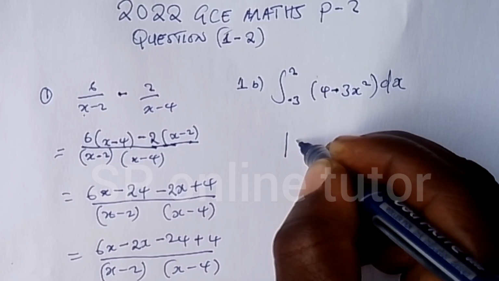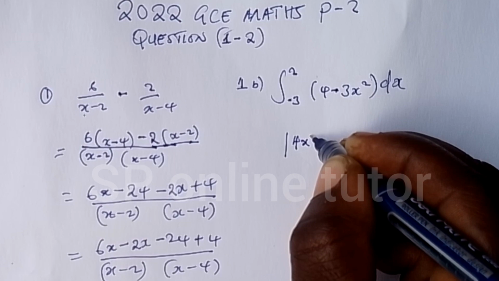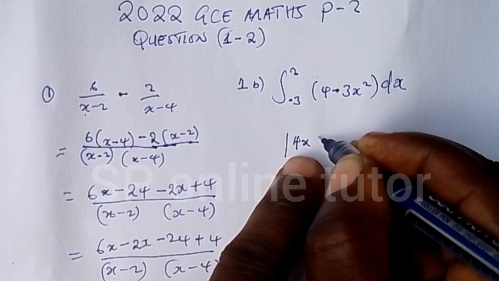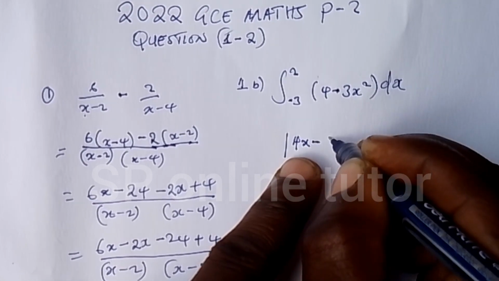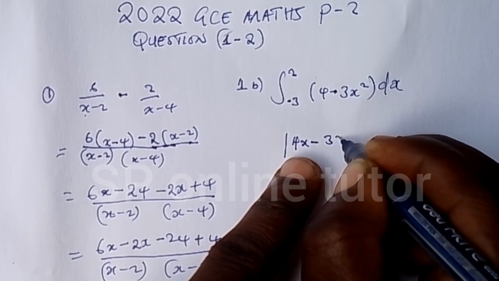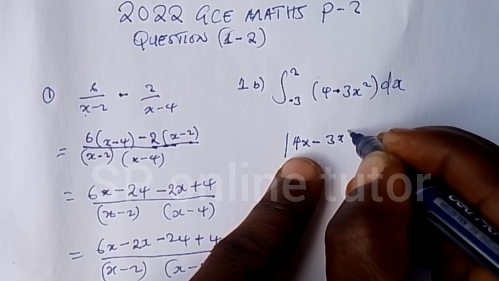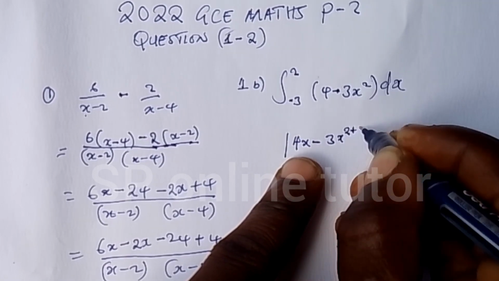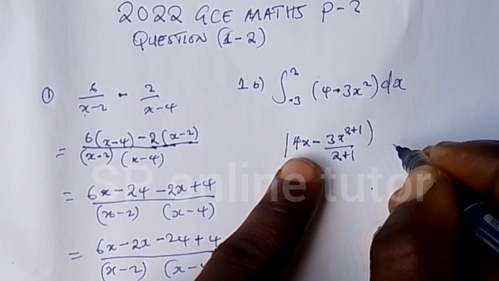Where there is 4 here, it means there is x to the power 0, so x appears, okay? Then minus 3x, then here when you add 1, we are going to say 2 plus 1, then over 2 plus 1, okay?